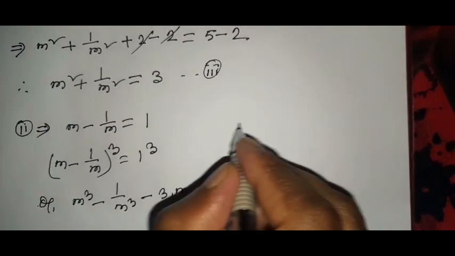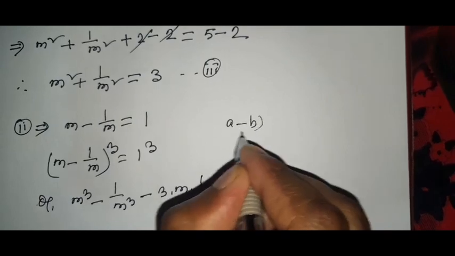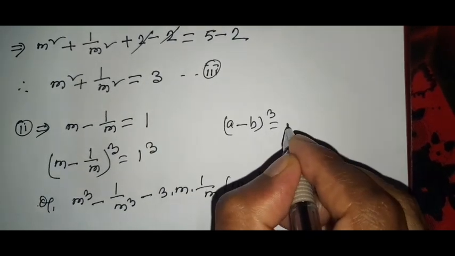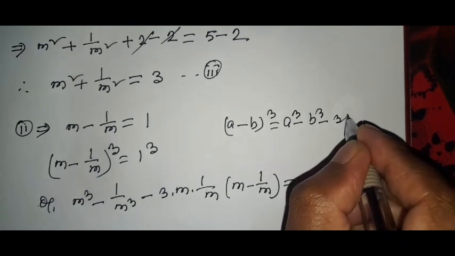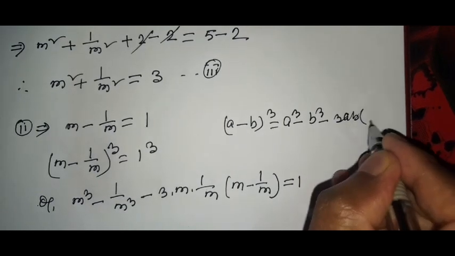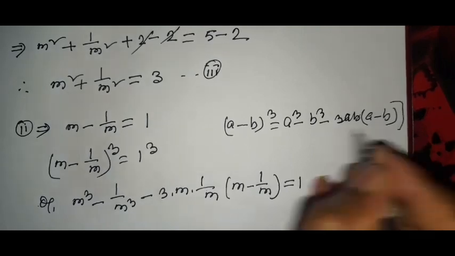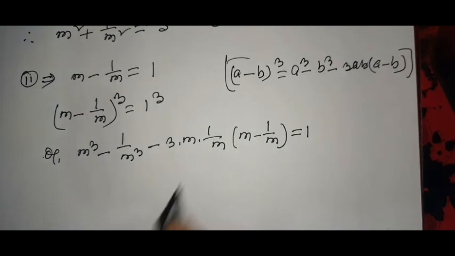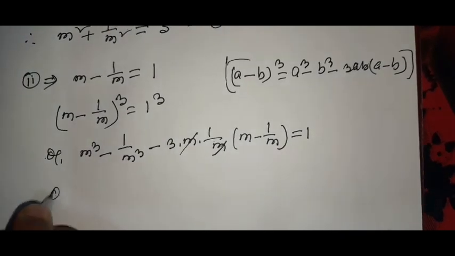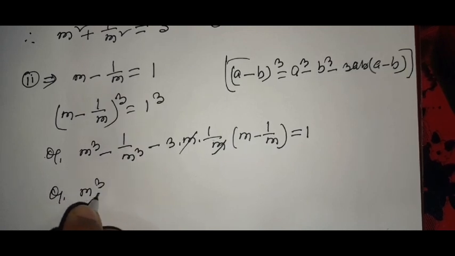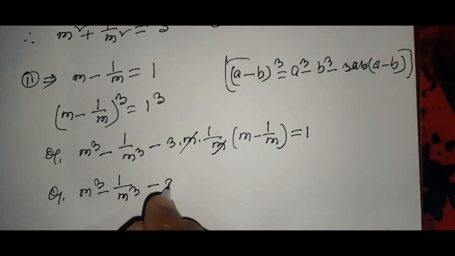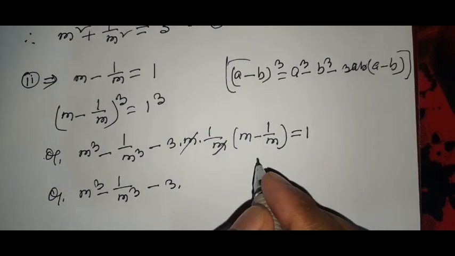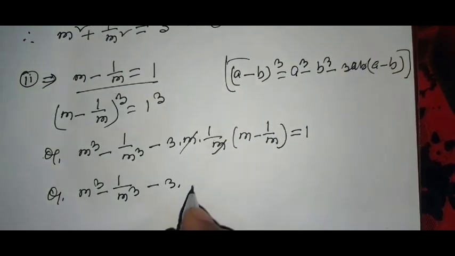We use here (a − b)³ equal to a³ − b³ − 3ab(a − b). Here m and 1/m cancelled, and m³ − 1/m³ − 3(m − 1/m) is equal to 1.